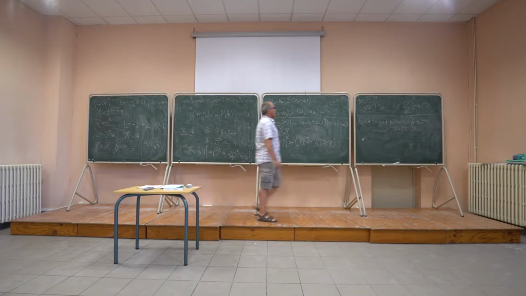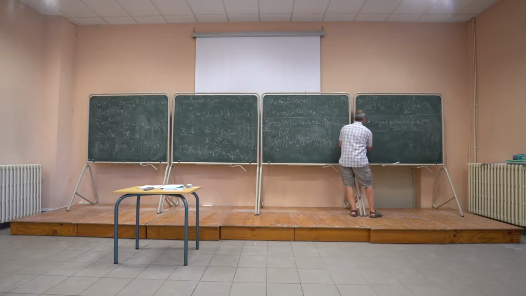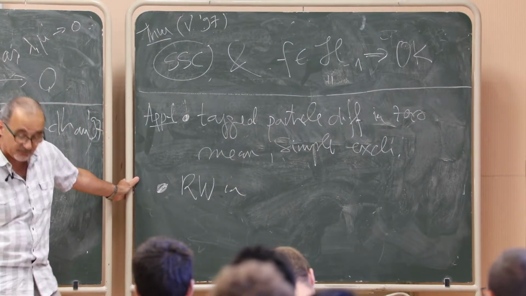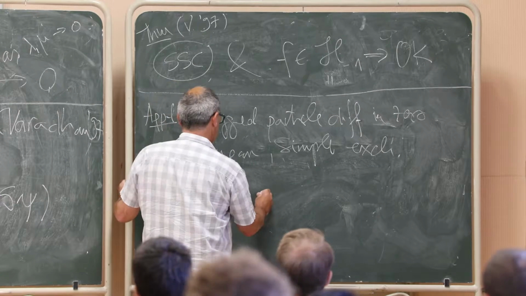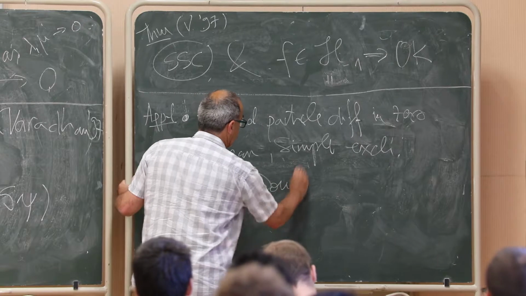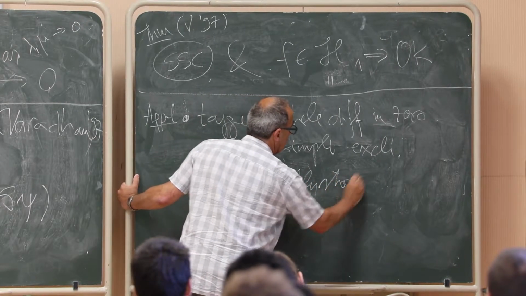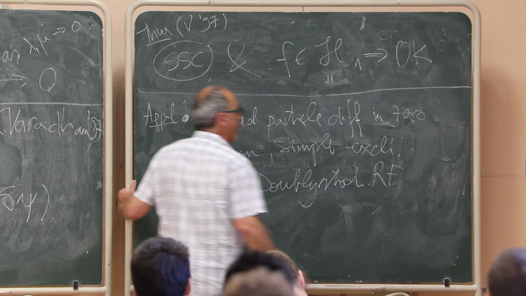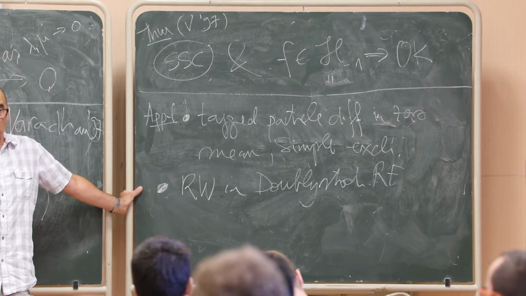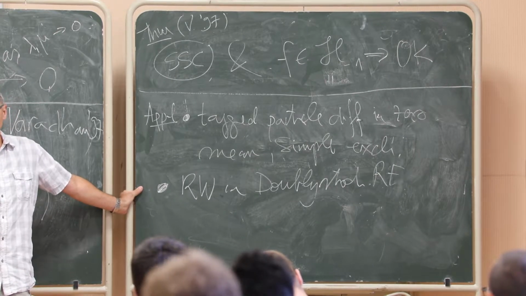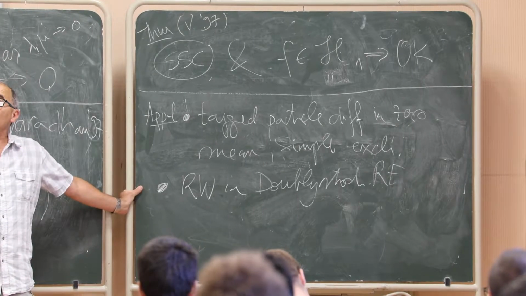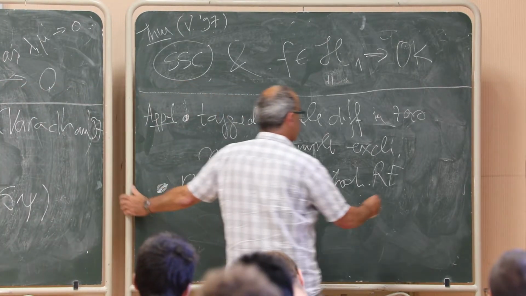Take random walk in divergence-free or doubly stochastic random environment, as I defined it already, but of a particular type, generated by finite, how do they call it, with finite cycle decomposition.